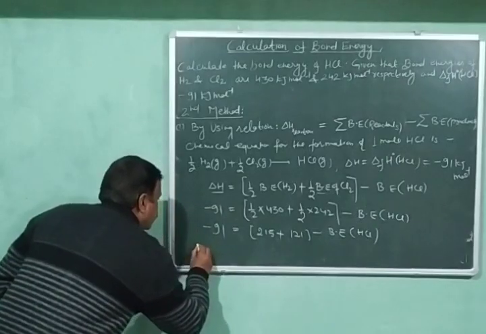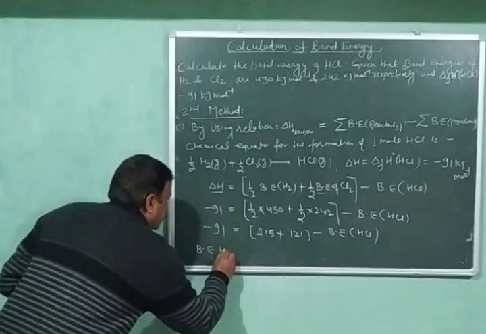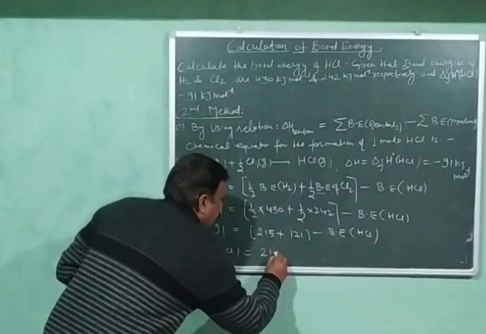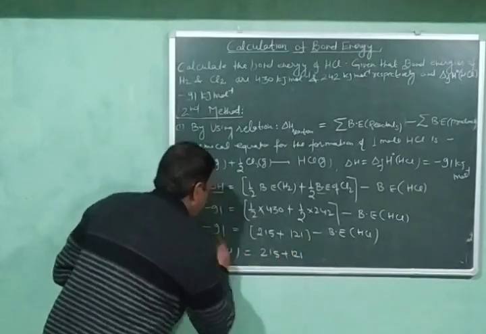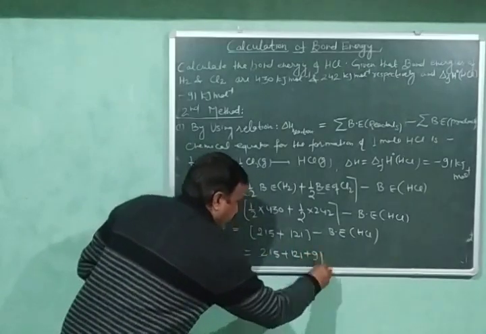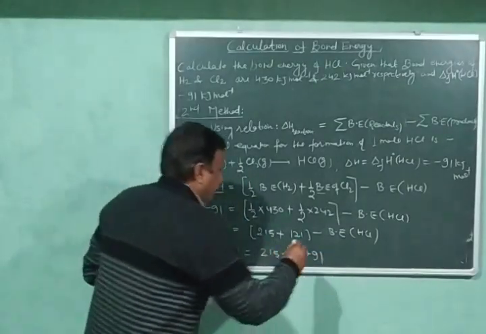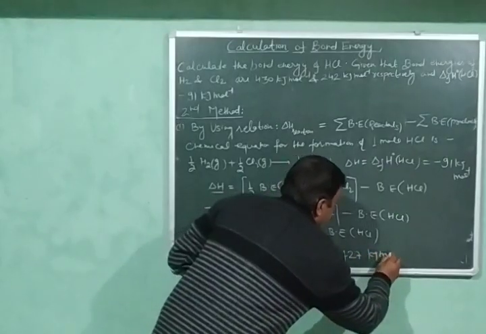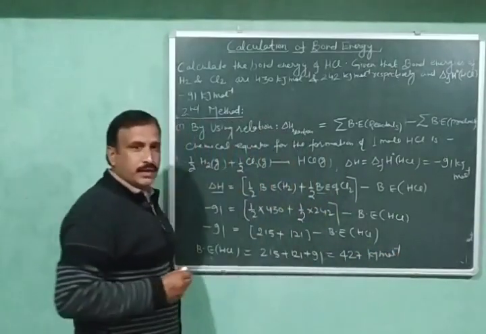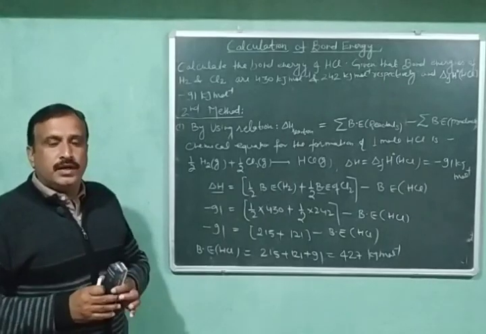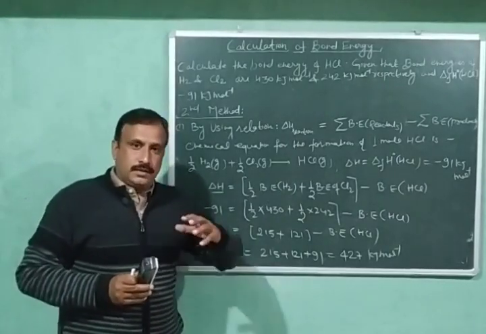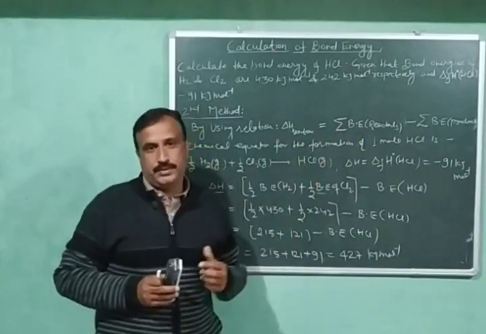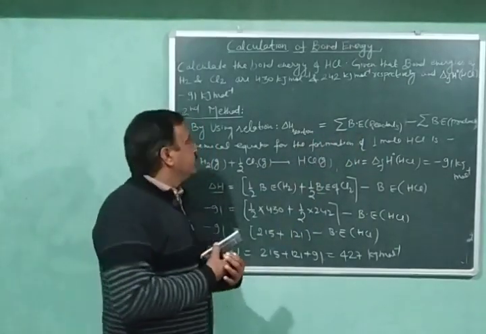Then bond energy of HCl will be equal to 215 plus 121 plus 91, and it will be equal to 427 kilojoule per mole. Understood? So in this way we can also calculate the bond energy of HCl with the help of this relationship. Now let us discuss the third method.